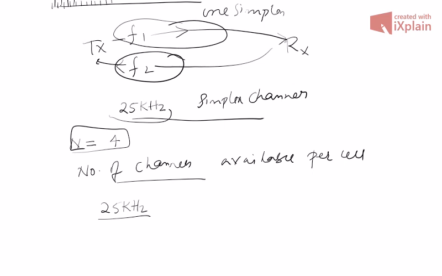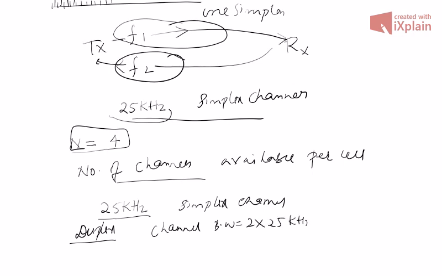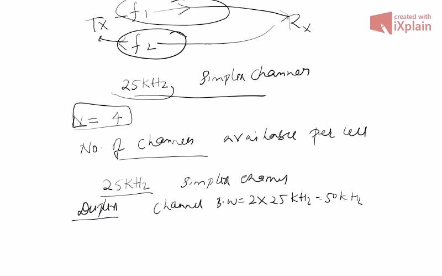This is for the simplex channel. For a duplex channel, when we use both the frequencies, what will be the channel bandwidth? Very simple, 2 into 25, right? 50 kilohertz per duplex channel.